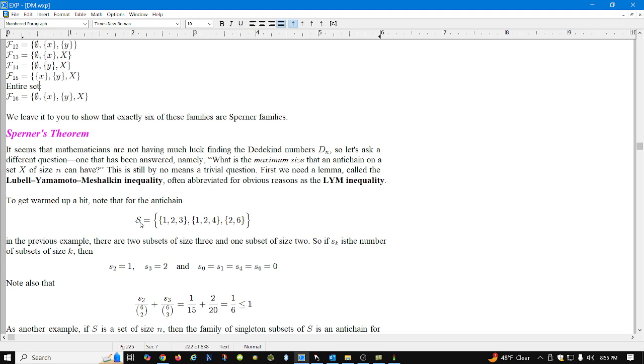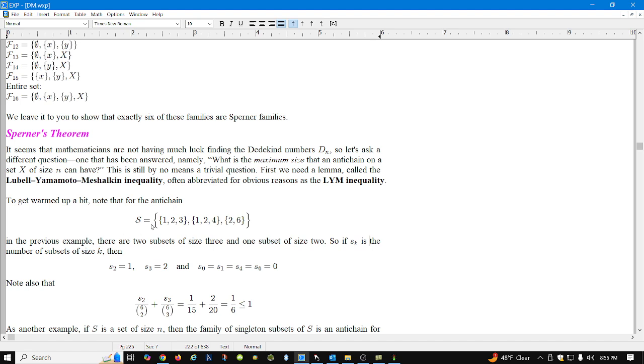This is an earlier antichain we looked at for the set 1, 2, 3, 4, 5, 6. 3 subsets, antichain. 2 of these subsets have size 3, 1 has size 2. And we're going to be interested in the number Sk of subsets of a given size k.